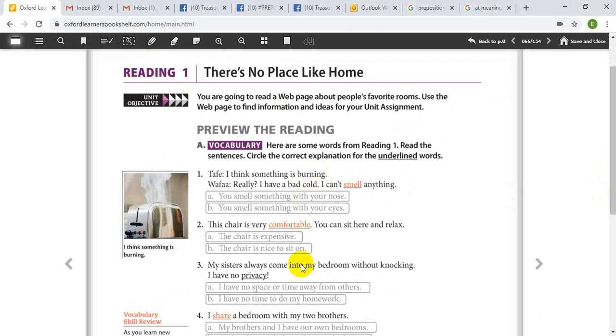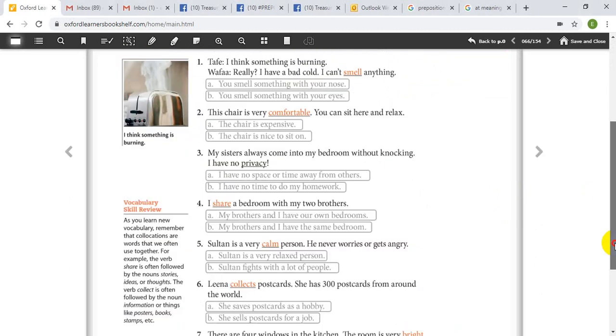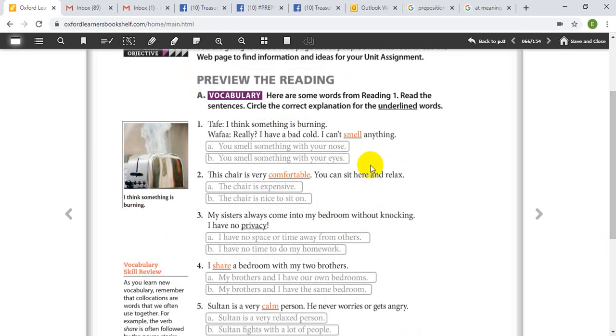That's number one, and the rest of them are sentences. Okay, so you're going to read each sentence, and there's a word that is underlined. So you have to choose the correct meaning or correct explanation for the underlined word.